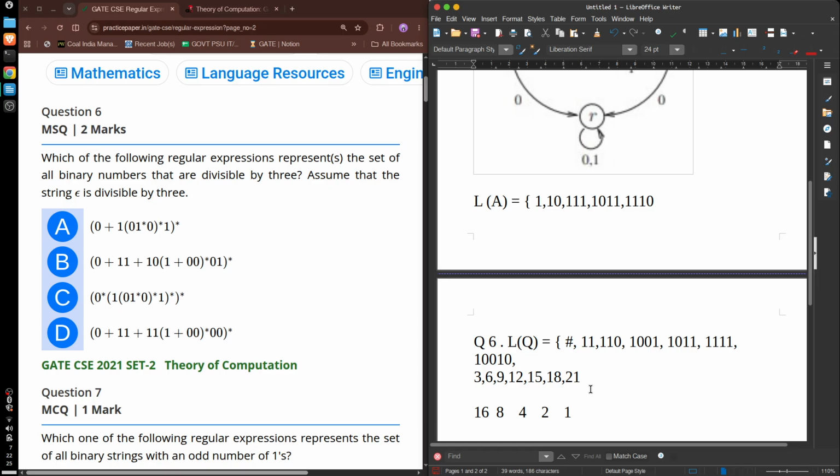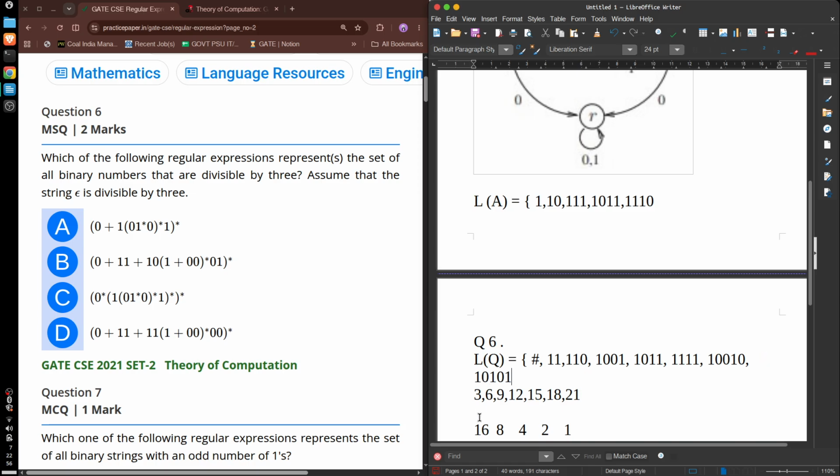And let's make 21. 21 is 16 plus 4 plus 1, so it will be 1 0 1 0 1.